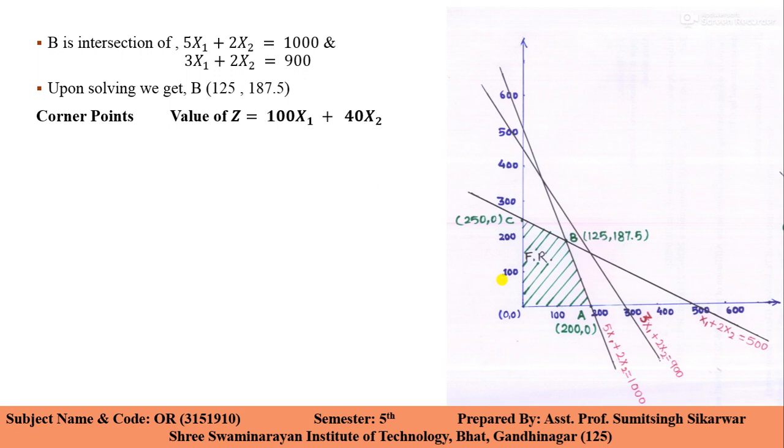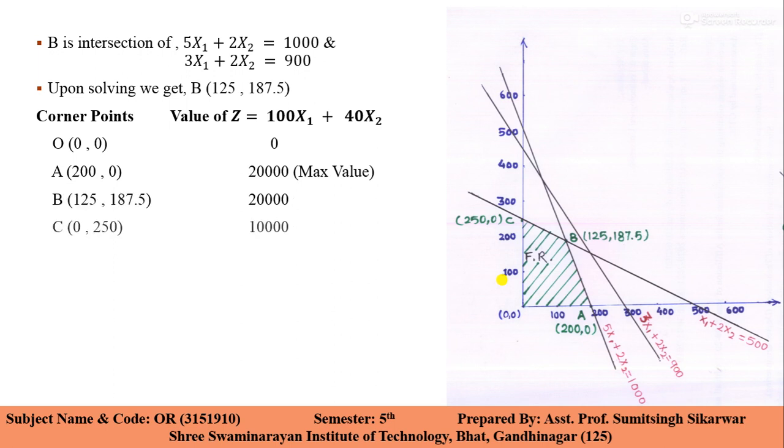So after putting in all the values, for the origin you will have 0. For point A, you will get z = 20,000. For point B, you will again get 20,000. And for point C, you will get 10,000. Now we can understand that for the values of A and B, we have two vertices where the maximum value of z is possible.